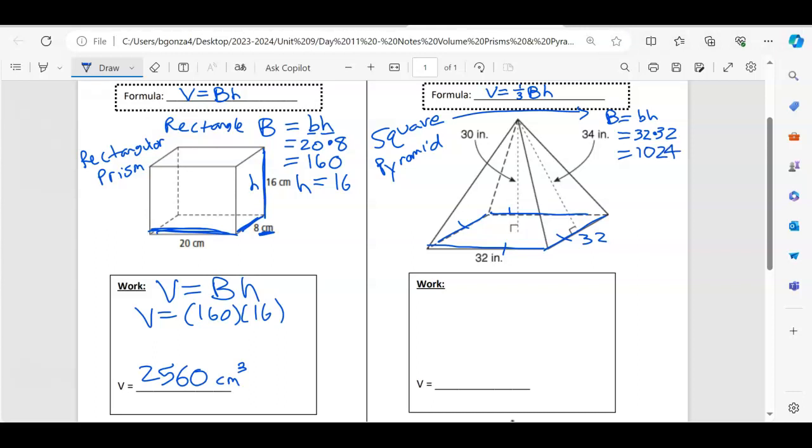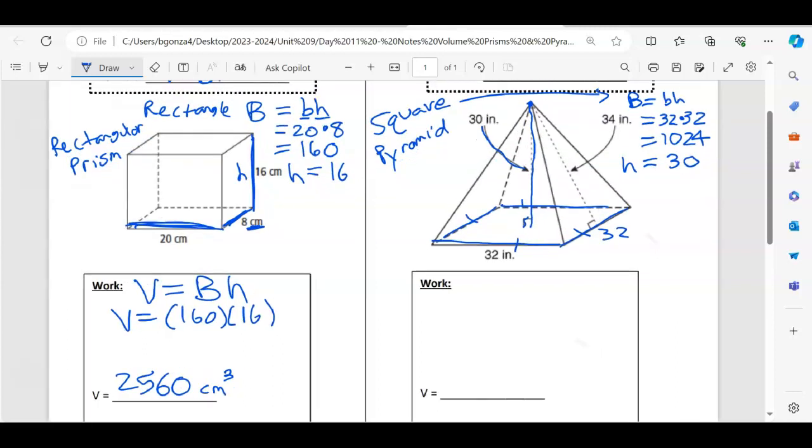And then the height of the pyramid from the tippy top straight down, making a right angle, is 30, right? Does everyone see? 34 is not the height. 34 is the L slant height. This formula doesn't have an L. Don't worry about the slant height. We just need vertical height, which is 30.